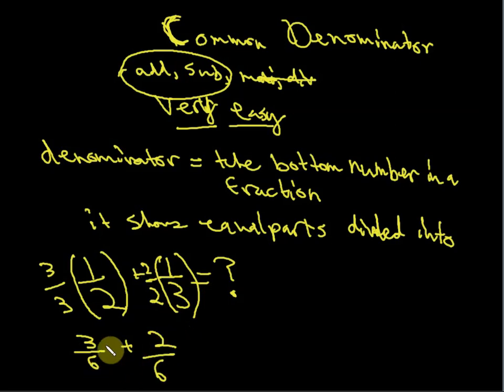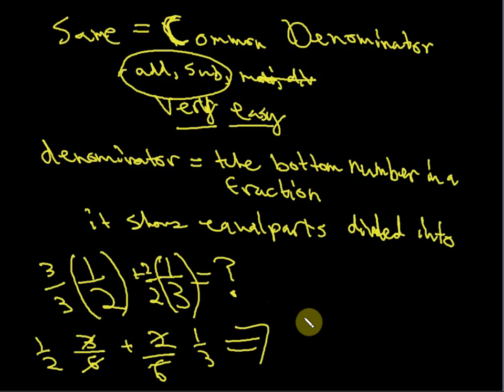So notice I didn't change anything, right? If I reduce the 3/6 down it becomes 1/2. Reduce the 2/6 down it becomes 1/3. So it didn't change anything. I'm trying to make the denominators common, or the same. So if I have 3/6 plus 2/6, I will get 5/6.